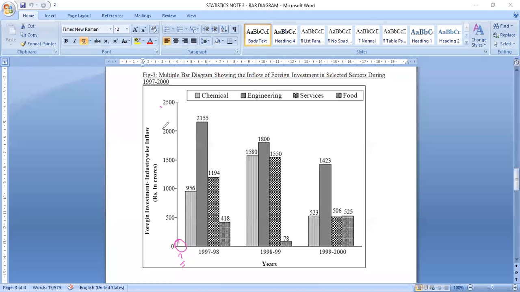Some marking should be there. Otherwise, it is quite impractical drawing. Impractical drawing. You want to say like this.